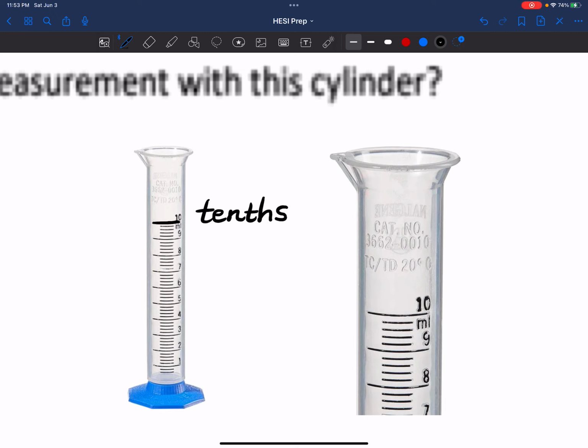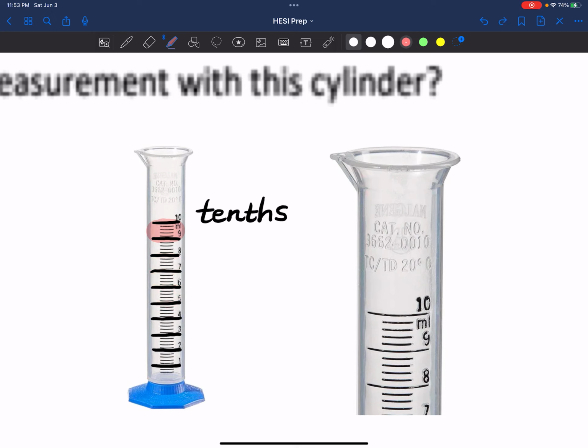Each of these on the graduated cylinder goes up to 10, so each one of these sections is 1/10. This is a tenth. This is a tenth. This is a tenth. Each of those bigger sections is a tenth.